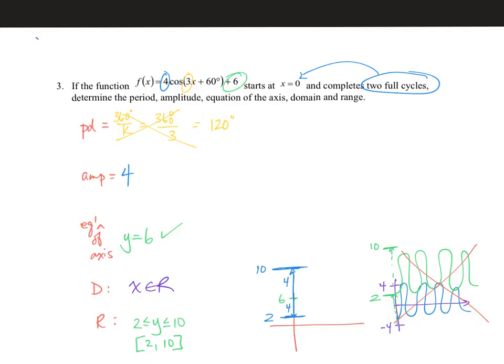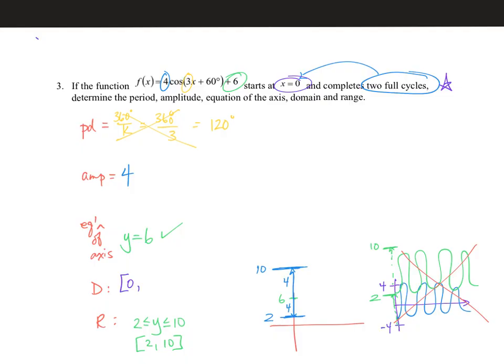This is where we have to recognize that we're only including our domain for 2 full cycles. So the first thing we need to consider is that I've been given a starting value. We've been told in the function we start at x equals 0. So the nice easy thing is I know that my x has to start at 0. But where does it end?